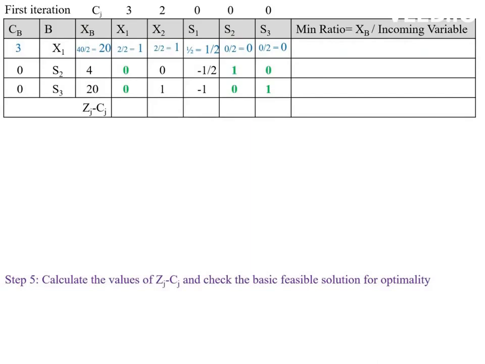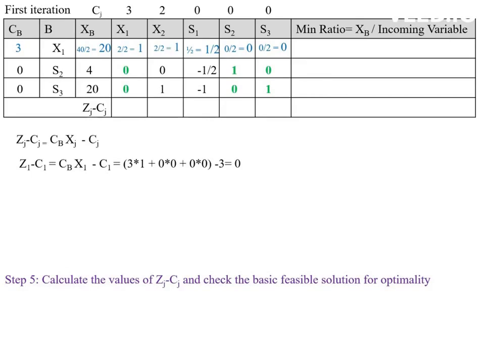Once again you have to calculate the Zj minus Cj values and check the basic feasible solution for optimality. So first we find the Zj minus Cj values. We know that Zj minus Cj equals CB Xj minus Cj.